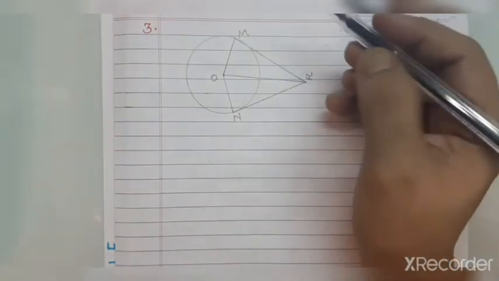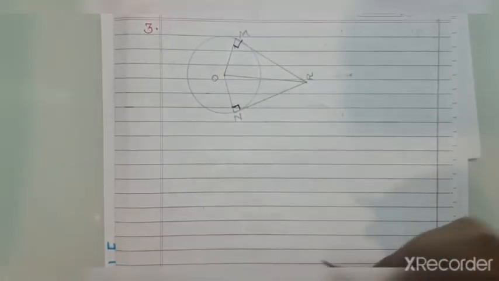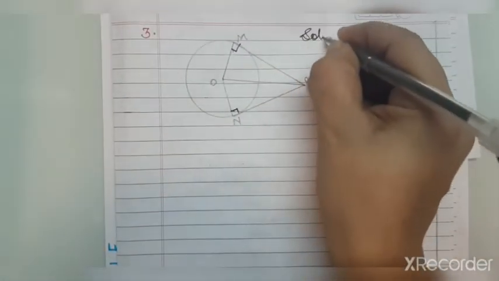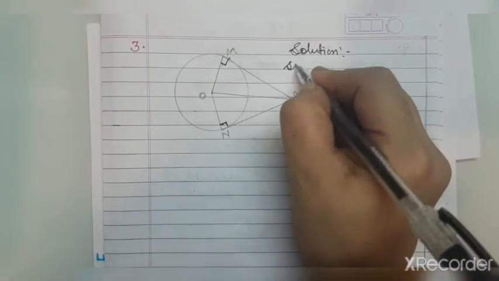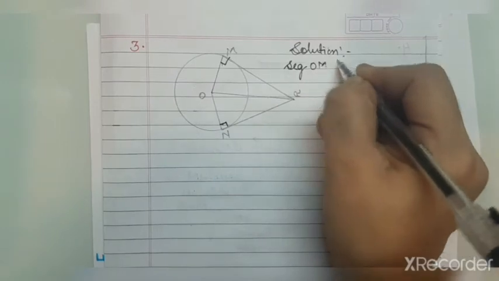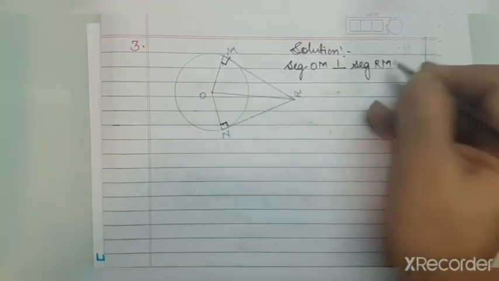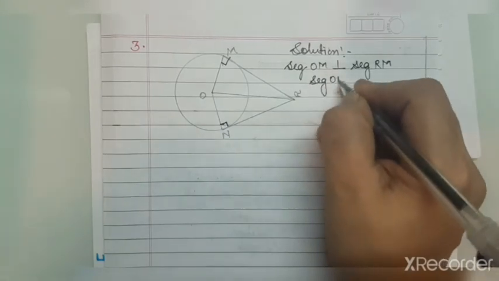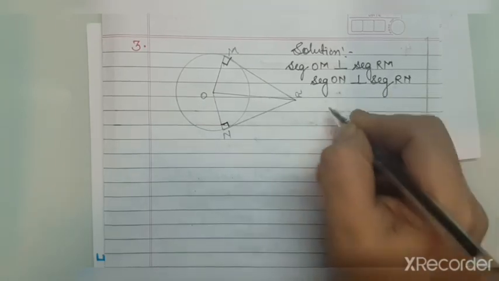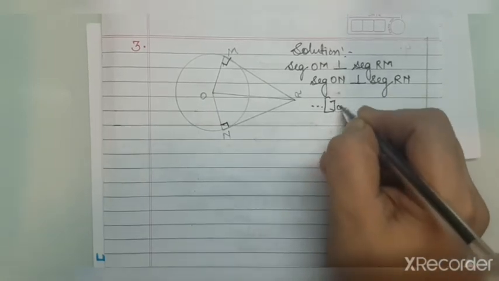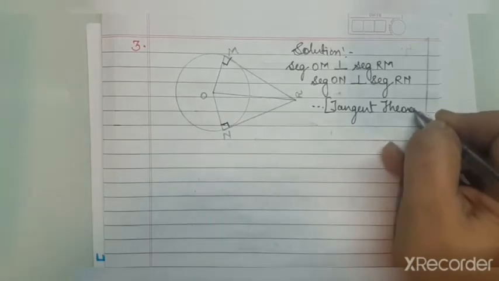We have studied in the tangent theorem that the radius and tangent are perpendicular to each other. So we begin the sum with the tangent theorem, by saying that segment OM is perpendicular to segment RM and segment ON is perpendicular to segment RN. The reason for both will be the tangent theorem.